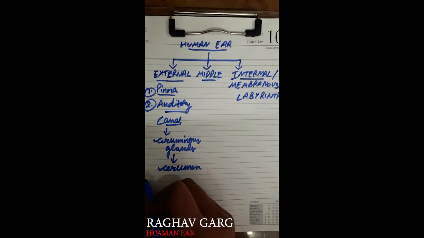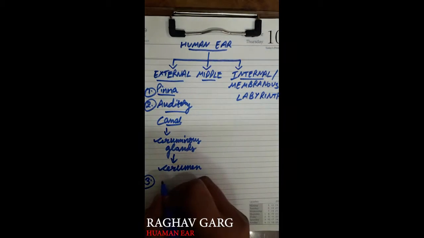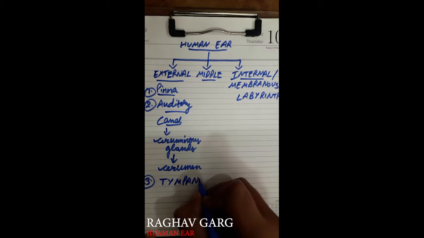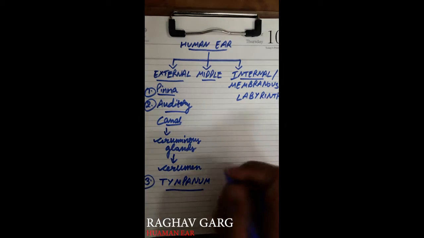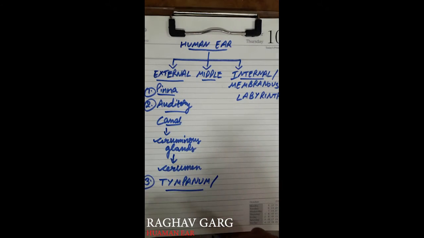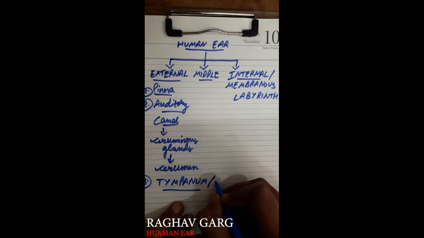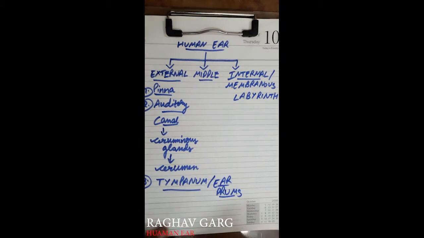Now we'll study the third structure of the external ear, that is the tympanum. The tympanum is also known as the eardrum.